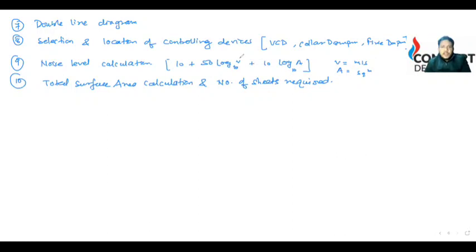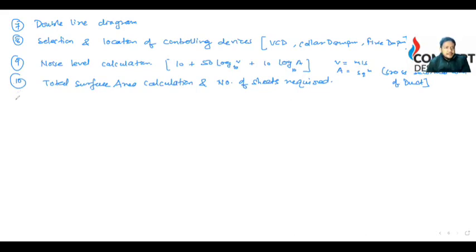V is the velocity of air and A is the cross-sectional area of the duct. Okay. Total surface area calculation and number of seats required.